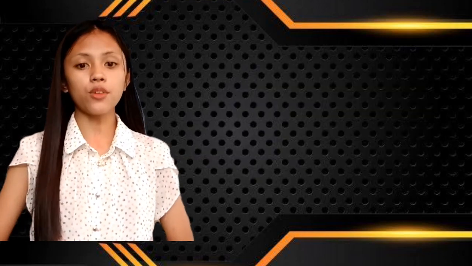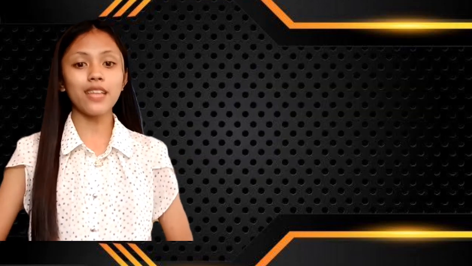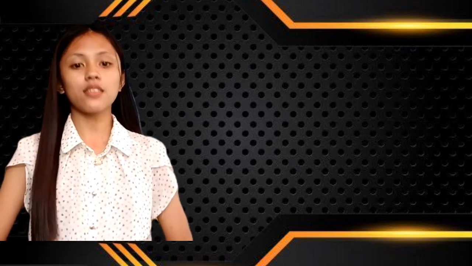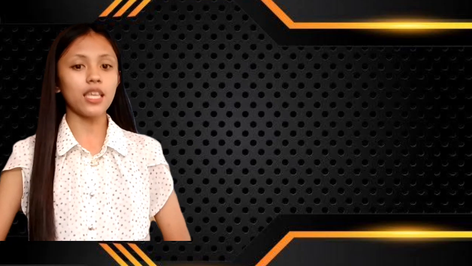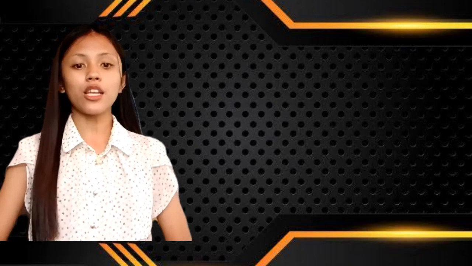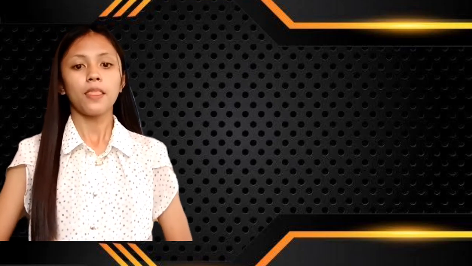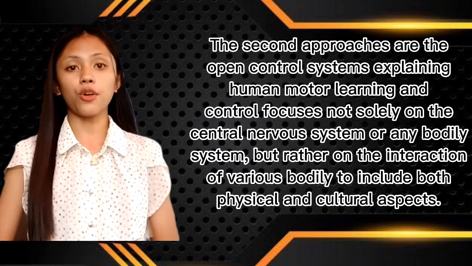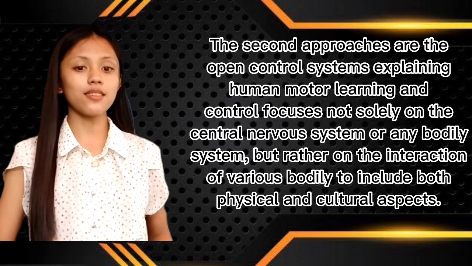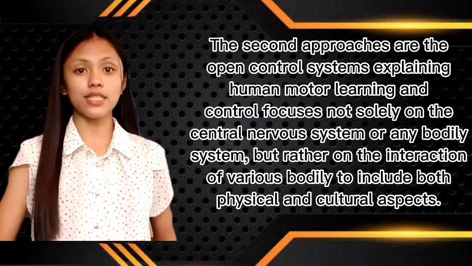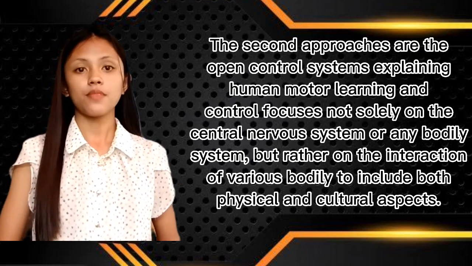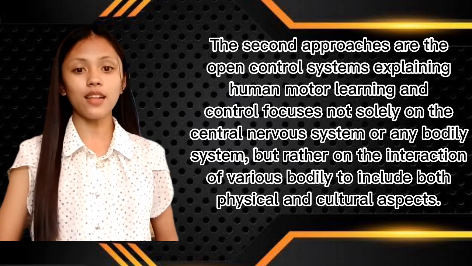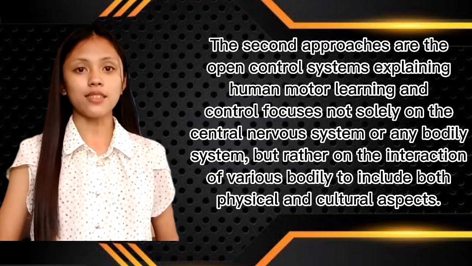Closed-controlled systems are those in which control is explained entirely by processes inherent within the controlled system itself and which are capable of meeting system goals in isolation from the surrounding environment. The second approach is the open-controlled system, explaining human learning and control by focusing not solely on the central nervous system or any single bodily system, but rather on the interaction of various bodily systems, to include both physical and cultural aspects.